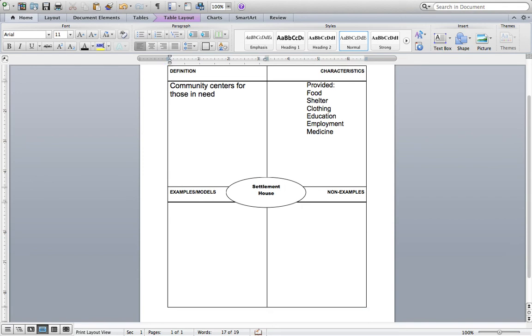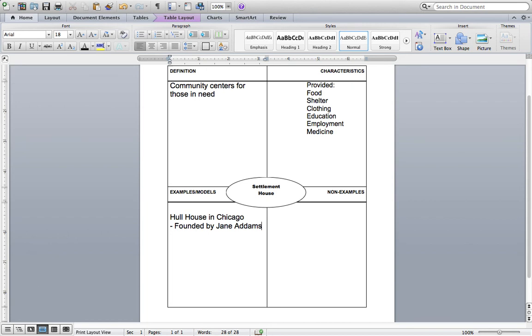The first example, and the most famous by far, was Hull House in Chicago. This was founded by Jane Addams. So we can go back to our essential question there, talking about Jane Addams. This is her big thing. She founded Hull House.